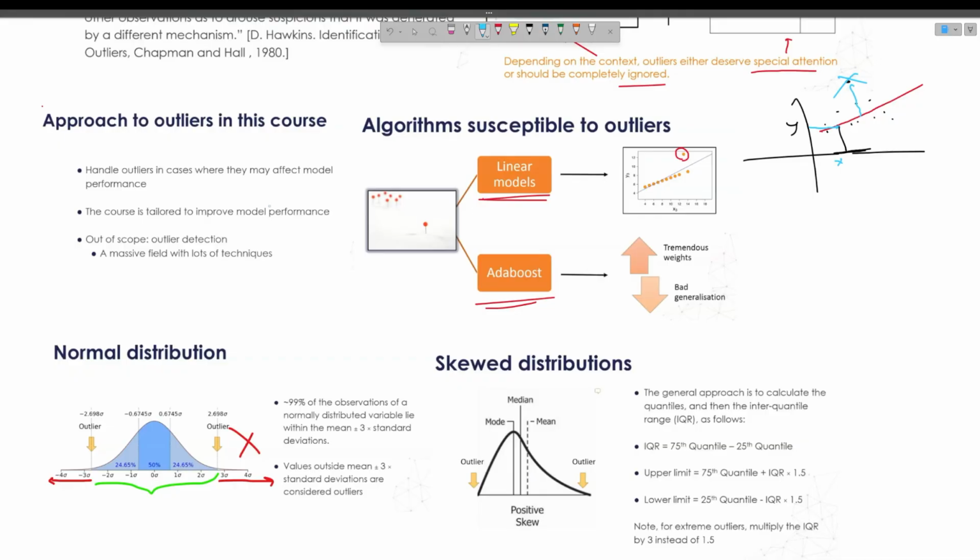Now the concept comes up when we have an outlier. In linear models these points are very near to this line, but this point is very far away compared to these. So this is an outlier. Again, we can have something called error boost on the models.